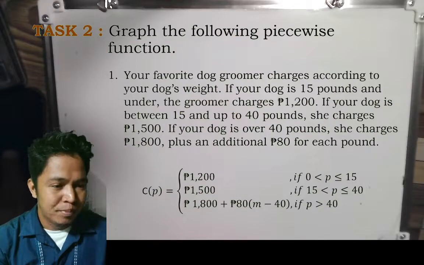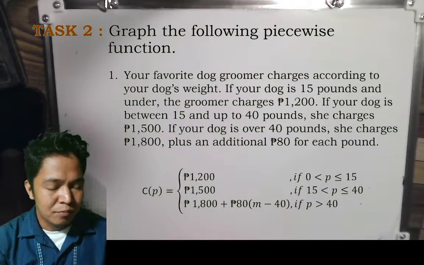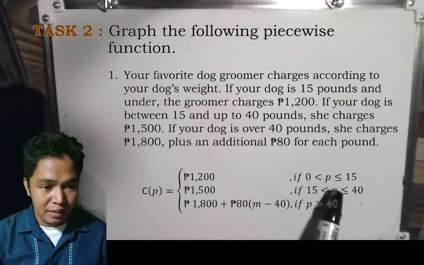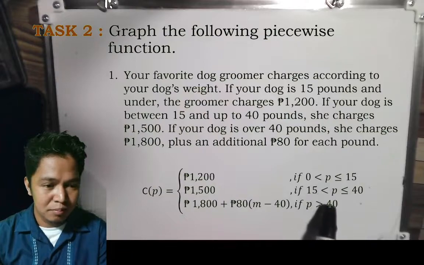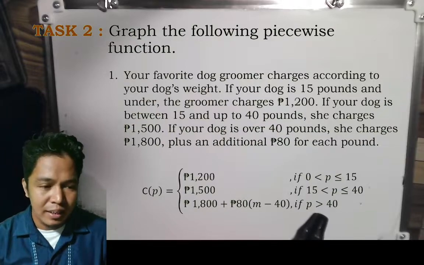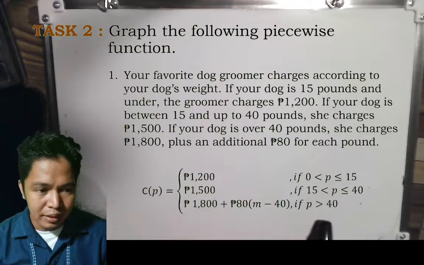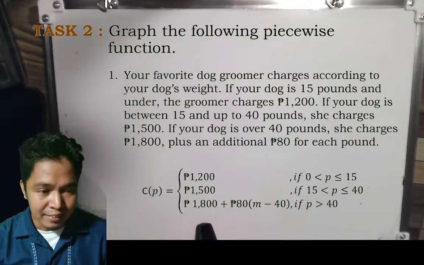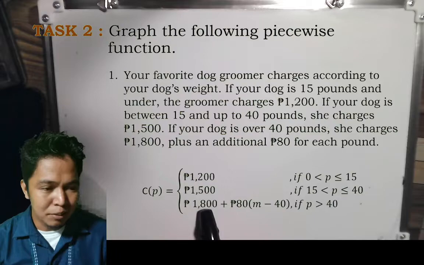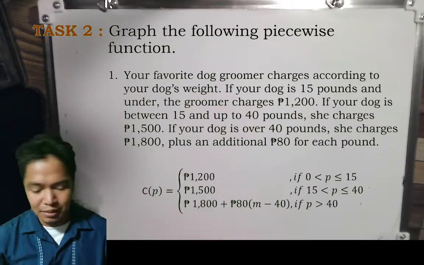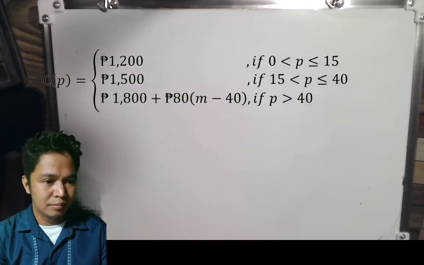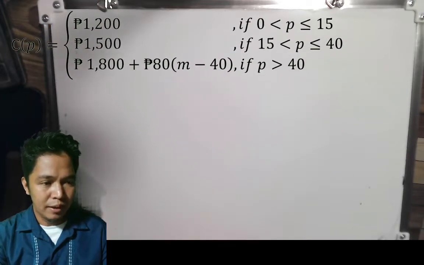Since ang ating domain ay nag-range 15, 40, pwede nating ilagay sa domain part is by 10. And dito naman ay by 300 since meron tayong 1,800 dito. Let's see. Okay.